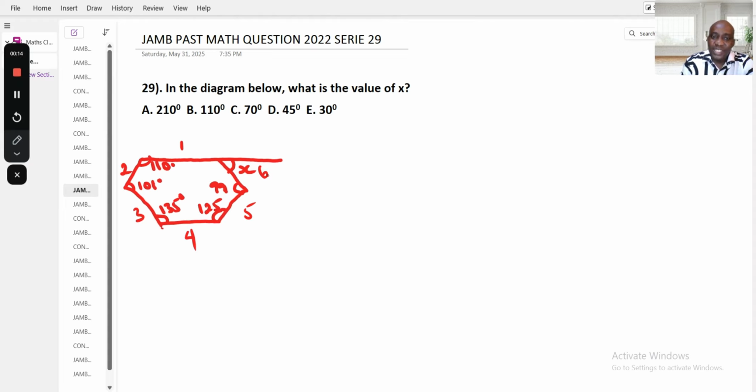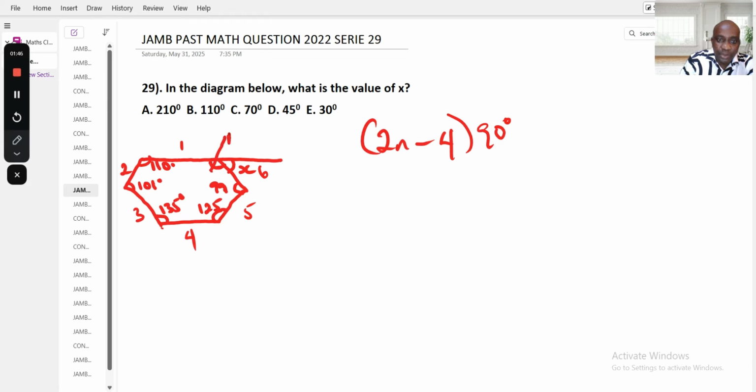Now, what is the sum of the interior angles of the hexagon? We have a formula for it, (2n minus 4) right angles. Yes, this is the total sum of the angles here. Angles here, 1, 2, 3, 4, 5. We have 5 angles here, but one is missing here. This one is missing out.